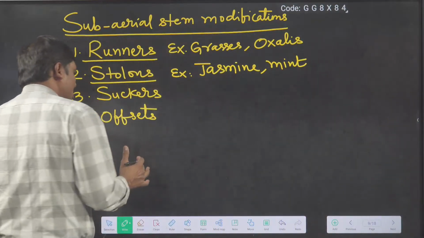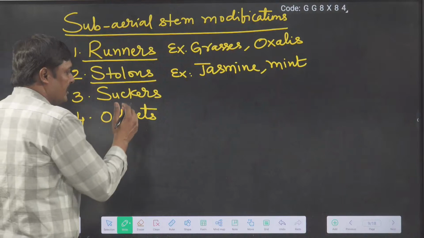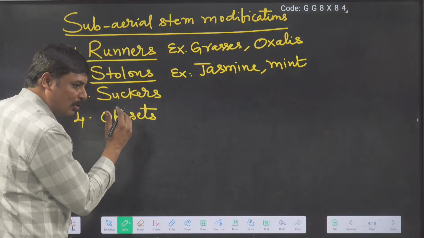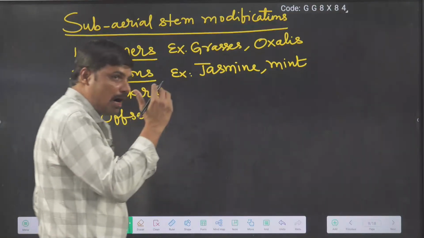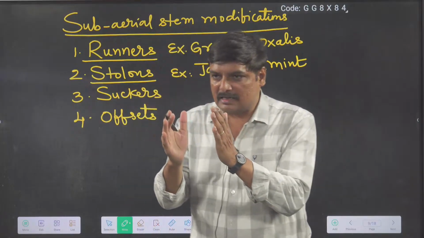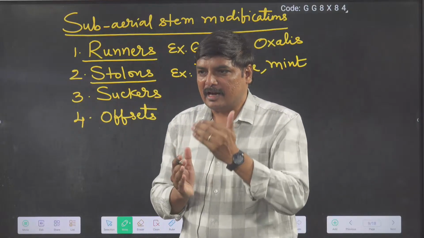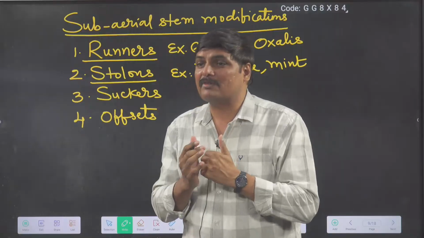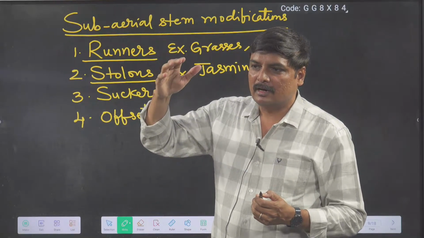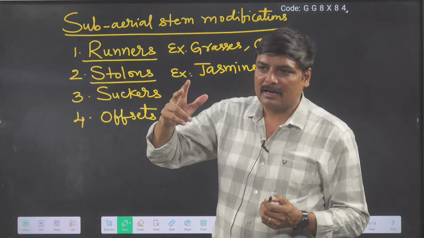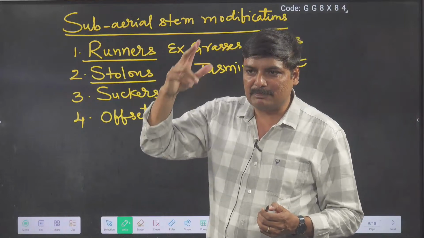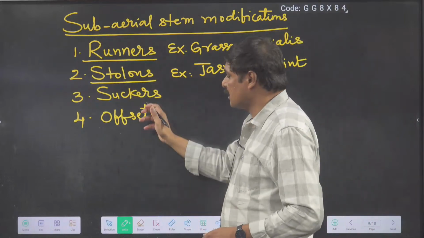Similarly, suckers are also branches. These branches arise from the underground part of the stem at nodes which grow obliquely upwards. I repeat again, suckers are the branches that arise from the underground part of the stem which grow obliquely upwards, and these branches, if cut and sown somewhere else, grow into a new plant, and these branches are called suckers.